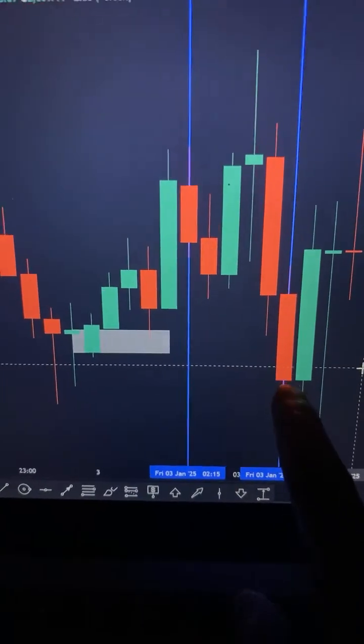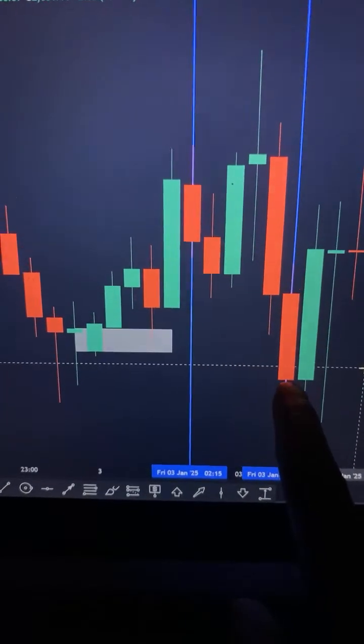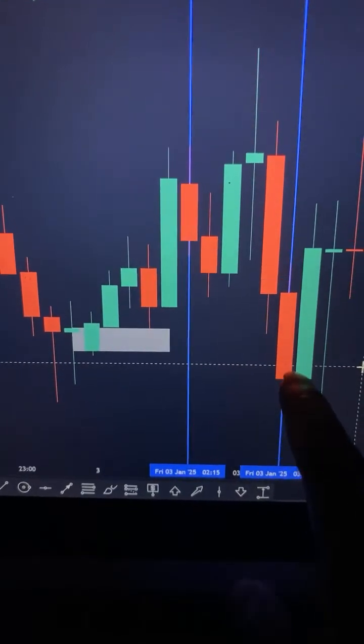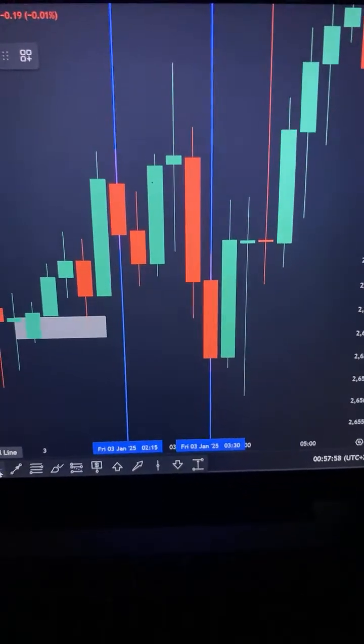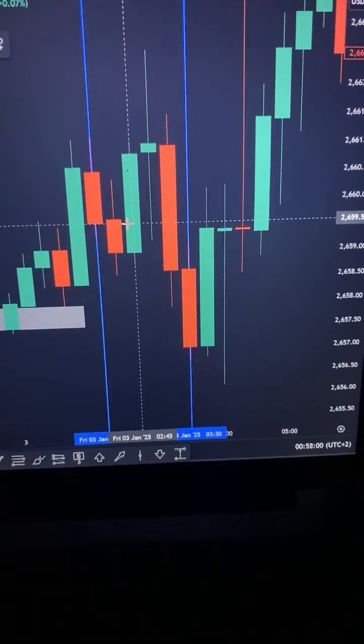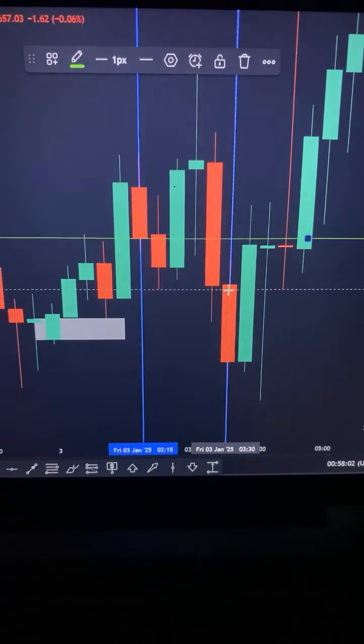You look at, when price opens at 3:30, is it opening below the closing price of the 15-minute candlestick that closed at 2:15?